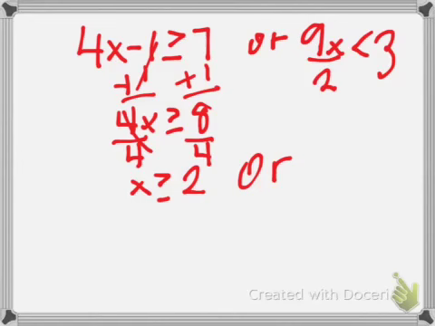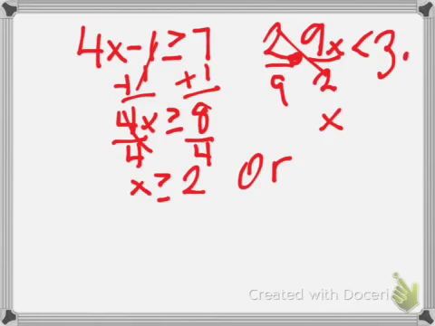Or, to solve this one, an easy way to get rid of a fraction is to multiply by its reciprocal. So I'm going to erase or for a second, so we'll have a little room. If I multiply by the reciprocal, well, 2 times 9 is 18, 9 times 2 is 18. 18 over 18 leaves you with 1x, so they cancel.